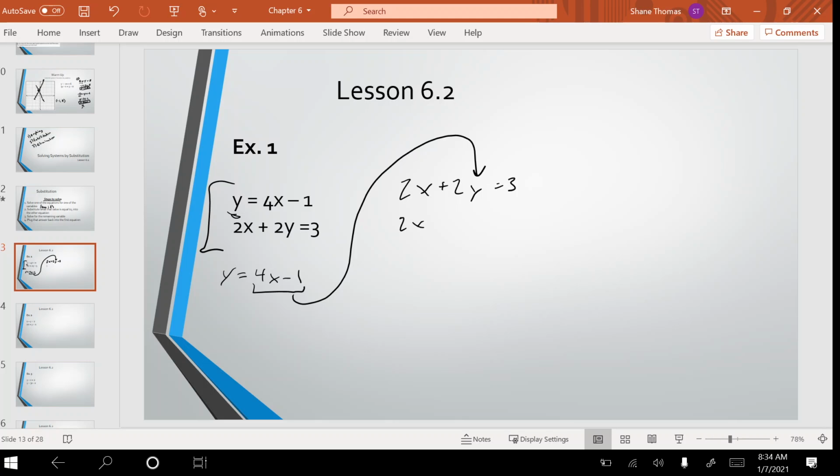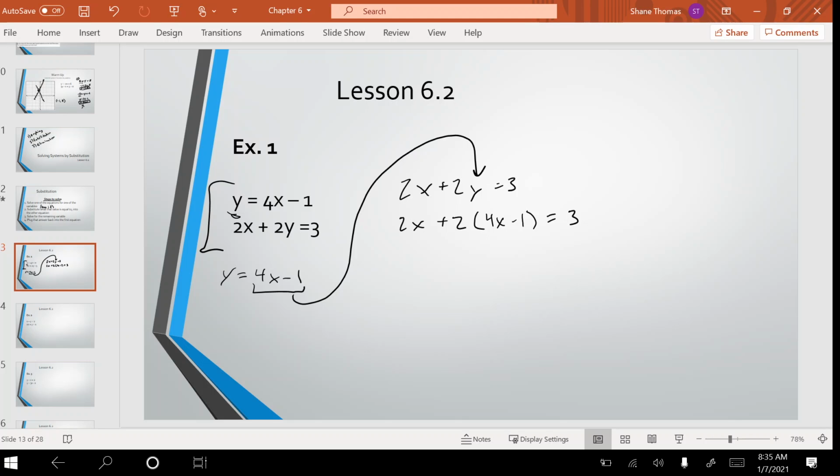So I have 2x plus 2 times my y. Well, my y is 4x minus 1. That's equal to 3. You all right with what I did there? That's the main big step of substitution. Get a variable by itself, then whatever that's equal to, plug it into the other equation for that variable. We good?